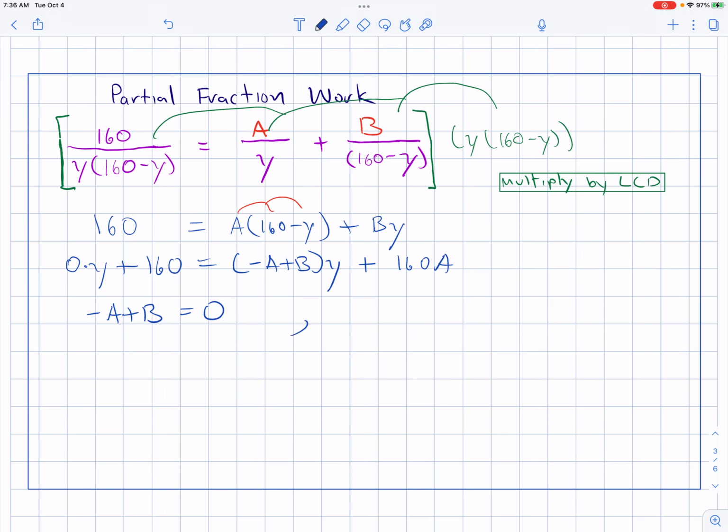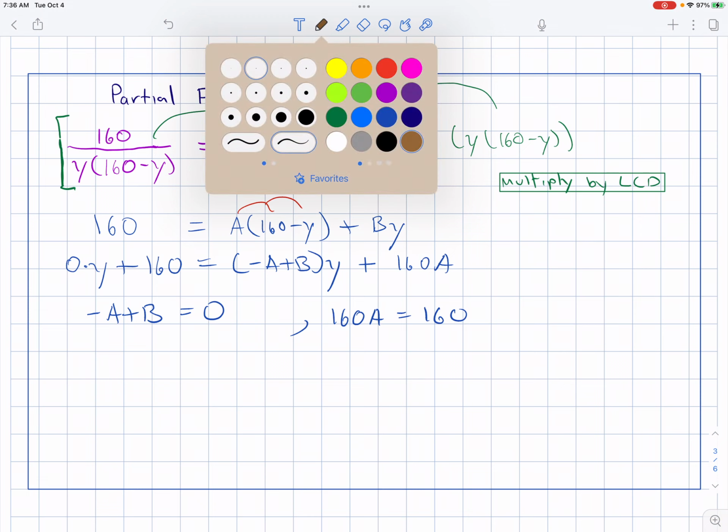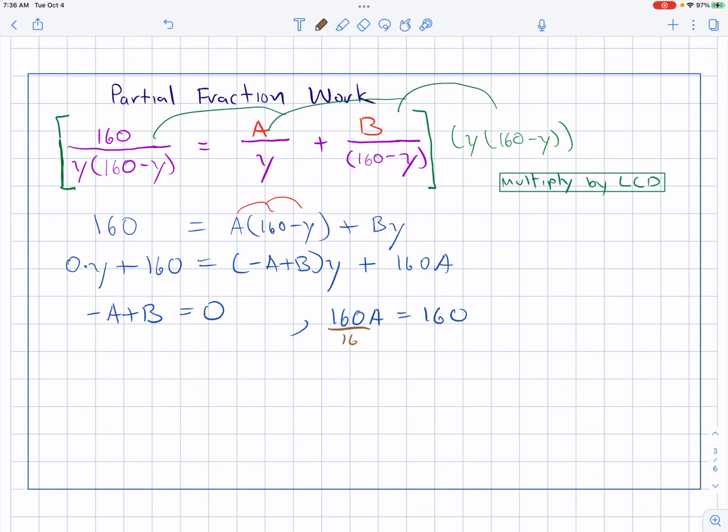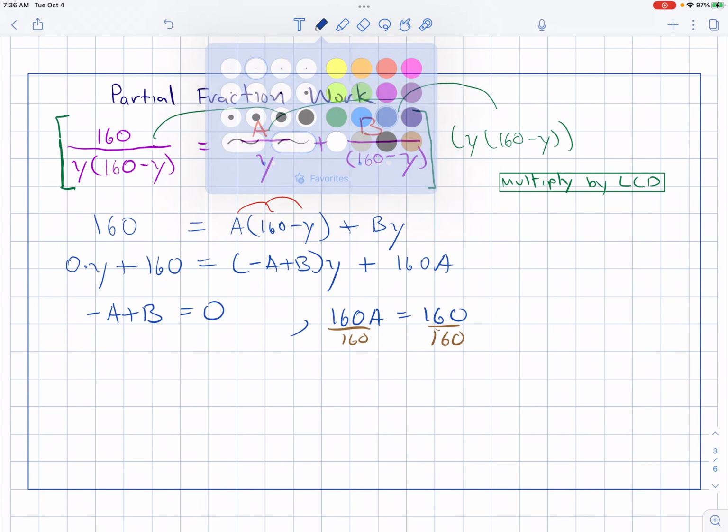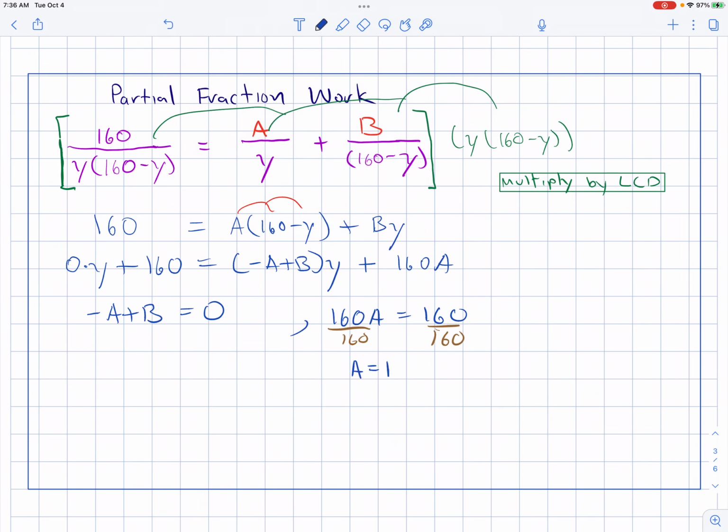And the other thing that has to be true is the constants have to be equal. So on the right side, 160a has to be equal to the constant on the left side, 160, and that makes this relatively straightforward to solve because we just divide both sides by 160 to get a equals 1. And in this case, we also know that b will equal a, so b equals 1.